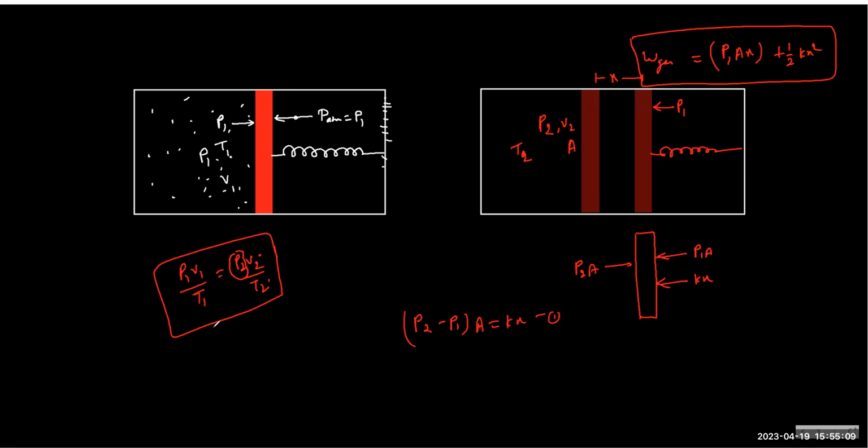Correct. And once you get P2, you can substitute here and you get X, or maybe Kx, to get the energy stored in this spring, correct? Half Kx squared, which you can also write as Kx whole squared by 2K.